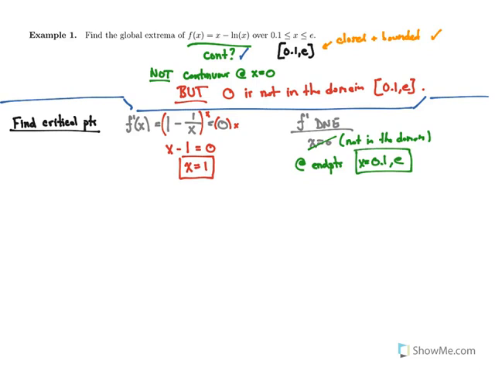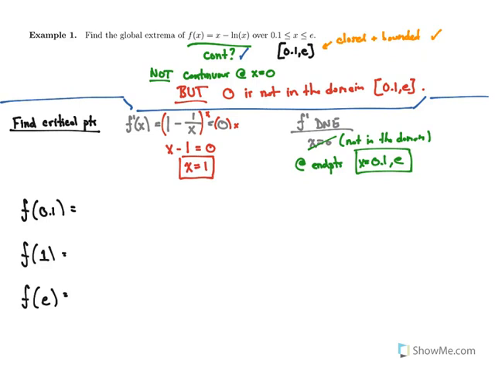So we have 3 critical points to look at, which means that I'm now going to compare those 3 critical points. I'm going to look at f of 0.1, f of 1, and f of e. Now I'm going to look at all 3 of those and compare the function values.